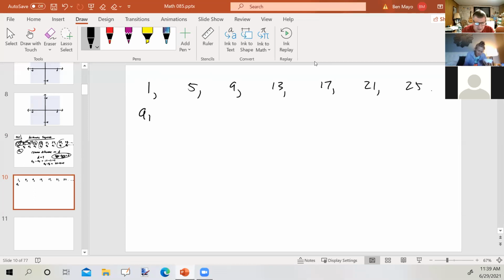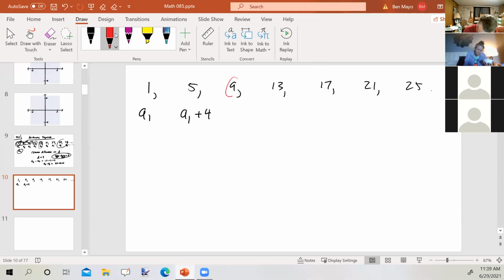Would you agree that I could call 5 a sub 1 plus 4? In other words, it's equal to the first term plus 4. Do you see where I'm getting at? Any questions there?